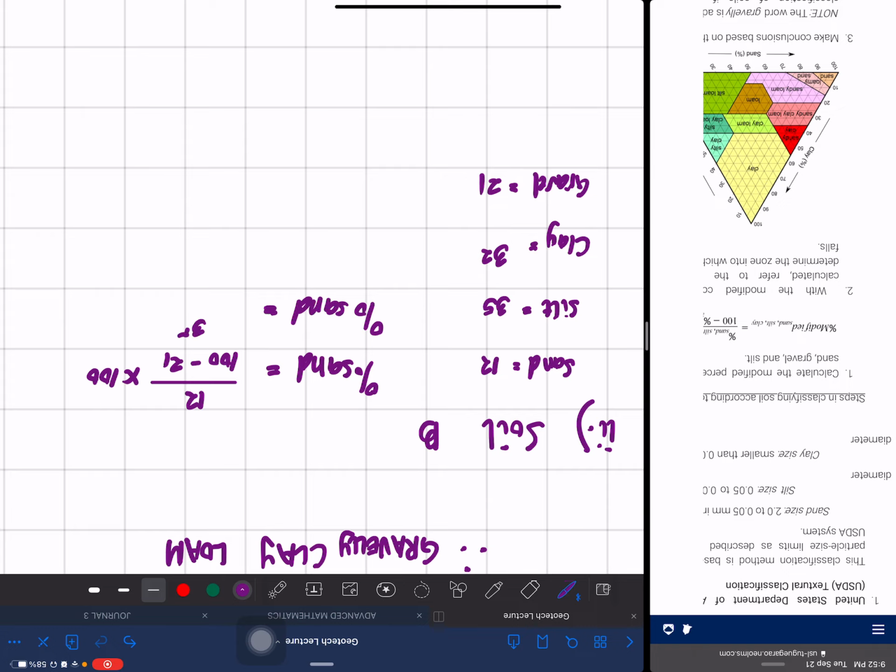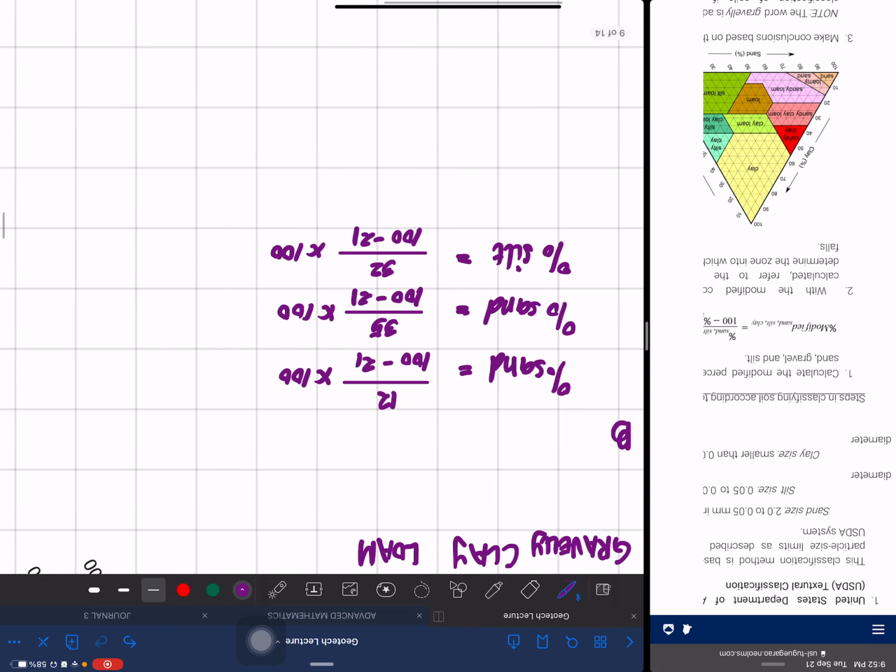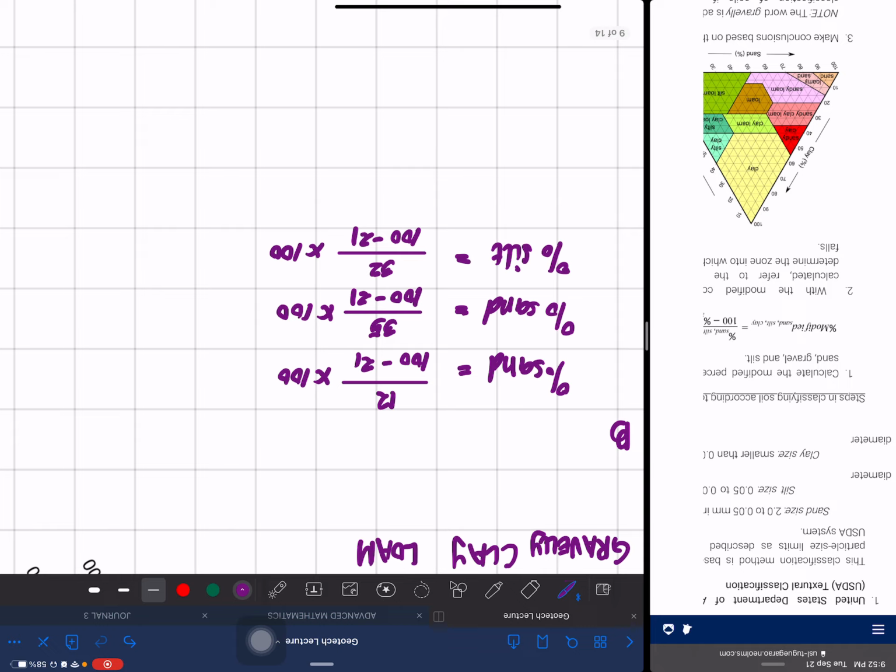Let's make this 35 all over 100 minus 21 times 100. And then percent of clay is equal to 32 over 100 minus 21 times 100. Ayan. So that is, let's now compute.